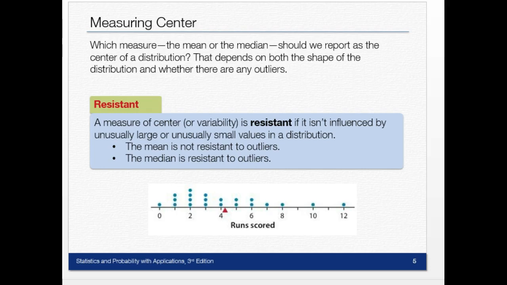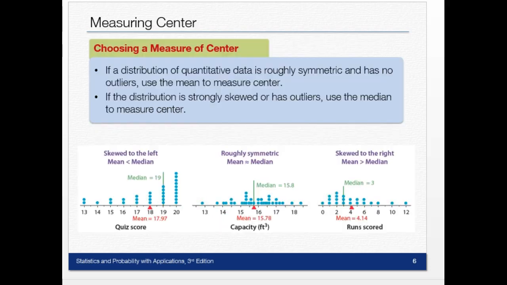So here's a dot plot, and you can see the measure of center is that red triangle right there. It's not exactly the middle, but it's the measure of center. So let's talk a little more about this. In choosing a measure of center, if a distribution of quantitative data is roughly symmetric and has no outliers, you use the mean to measure the center. Look at this one in the middle.